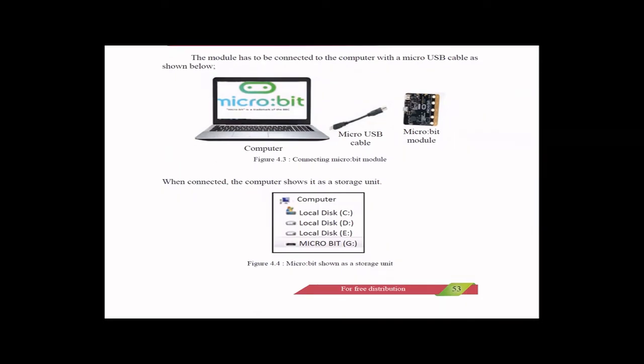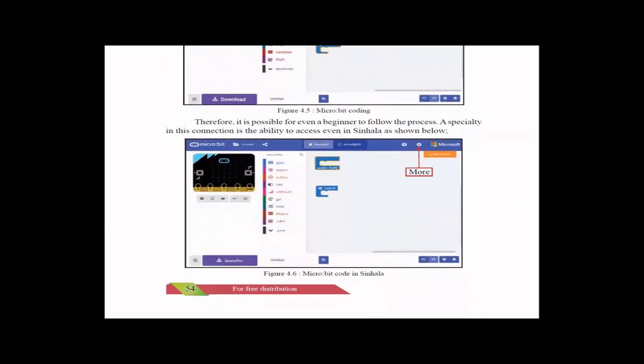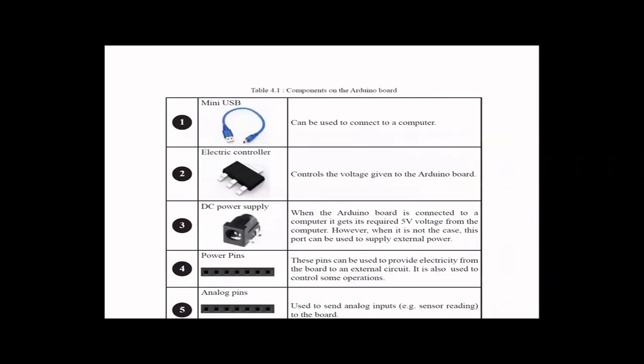So when you connect this micro:bit module to the computer, it will be shown like this. Very similar to when you plug in a pen drive, it can be seen here, right? Similar to that, if you connect the micro:bit to the computer, you can see it like this, and you can go inside and do different things. The coding part I will skip, because I'm going to explain it later.